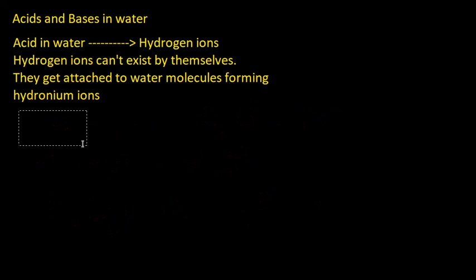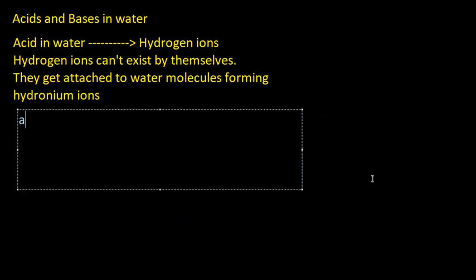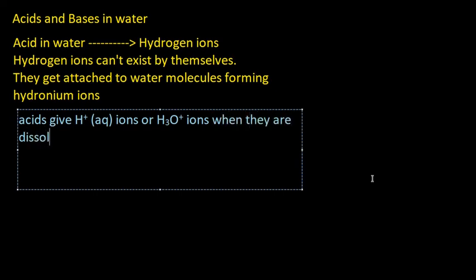So from this discussion we can conclude that acids give H plus ions, H plus aqueous ions, or H3O plus ions, that means hydronium ions, when they are dissolved in water.